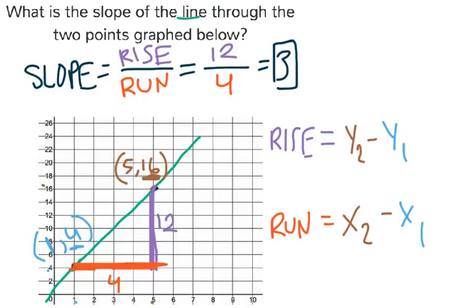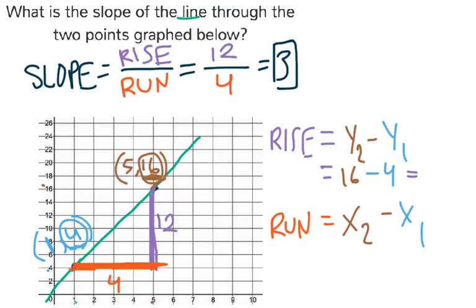Okay, so for my rise, I'm going to get that the rise is equal to, well, y2 is 16 minus y1 is 4.